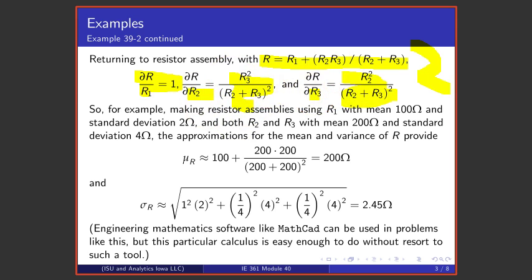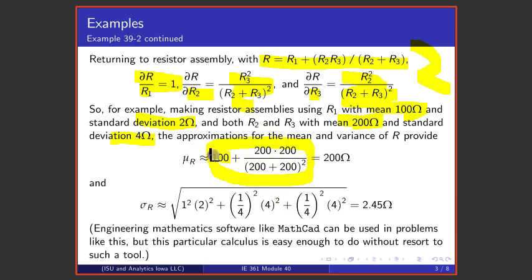And if one then thinks about making an assembly with, say, resistor 1 having resistance with mean 100 ohms and a standard deviation of 2 ohms, while resistors 2 and 3 each have mean resistances of 200 ohms and standard deviations of 400 ohms, then the overall assembly will have average resistance around what you get when you take the formula for resistance and plug in means.